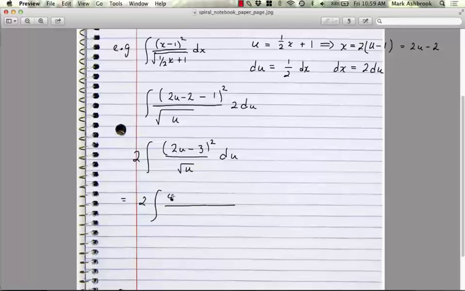What is it? 4u squared minus 12u plus 9. Did it help?